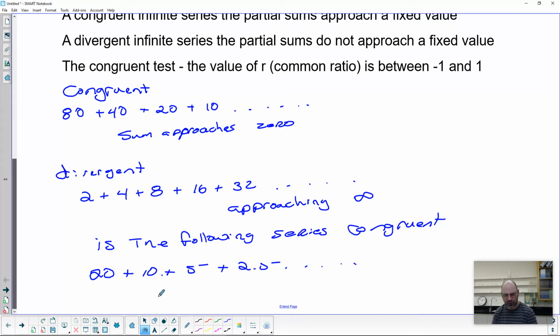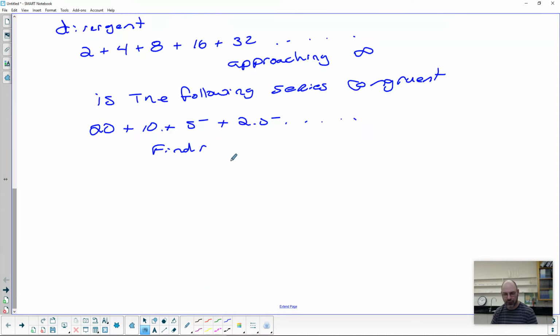So the test is find R. If R is a fraction in between them, so we go T2 divided by T1, so this would be 10 over 20, which equals 1/2. So yes, because R is in between -1 and +1.